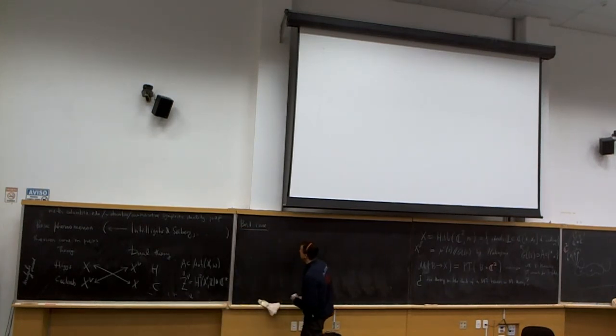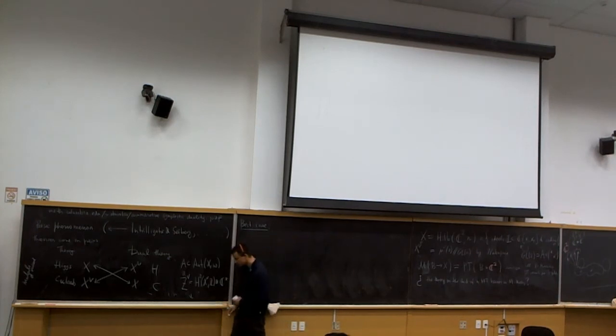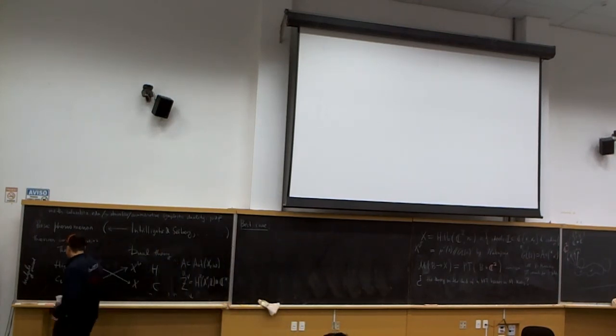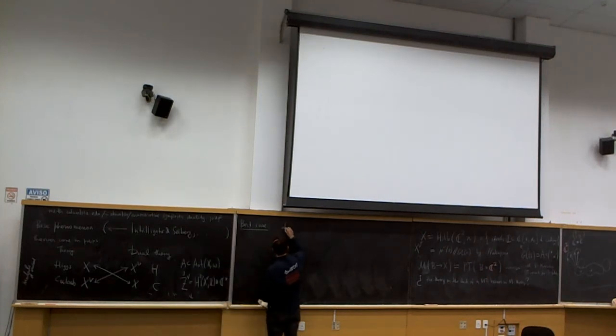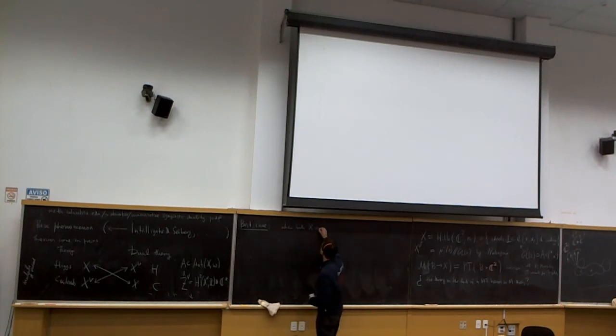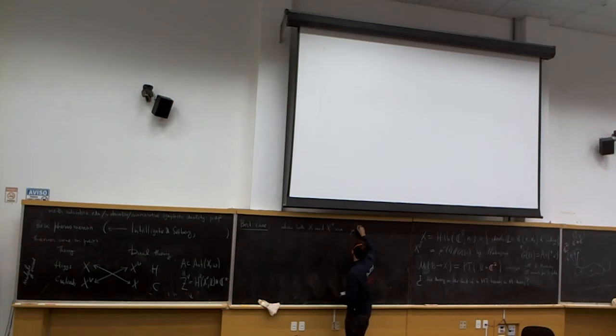So the best possible case has certain features, namely when both X and X check are of this form.